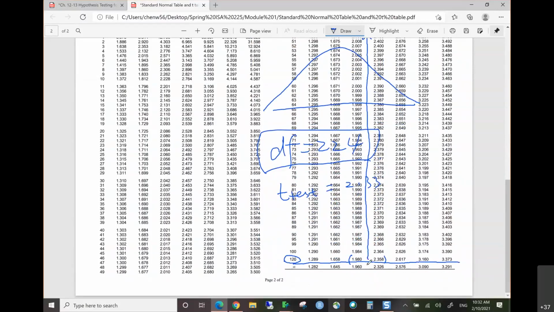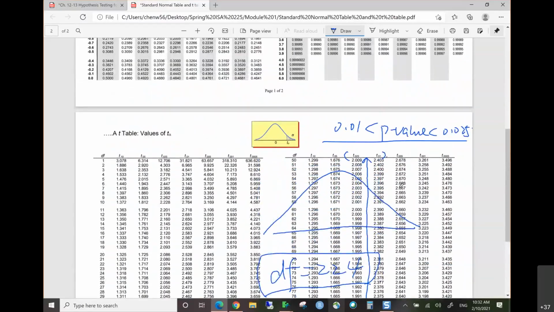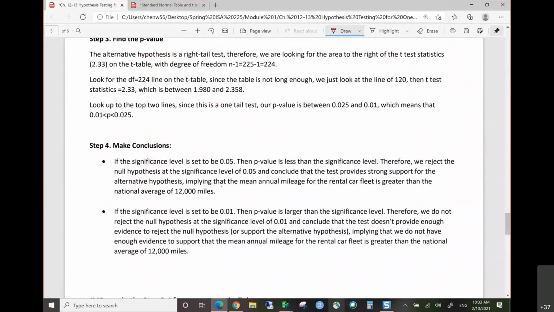So I just make a special case. In this case, we have the p-value larger than 0.01, less than 0.025. So that means next step, we can make the conclusions.